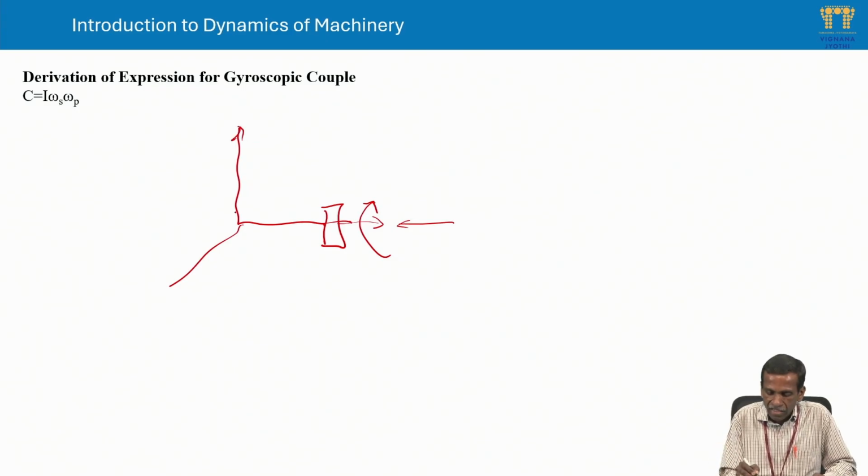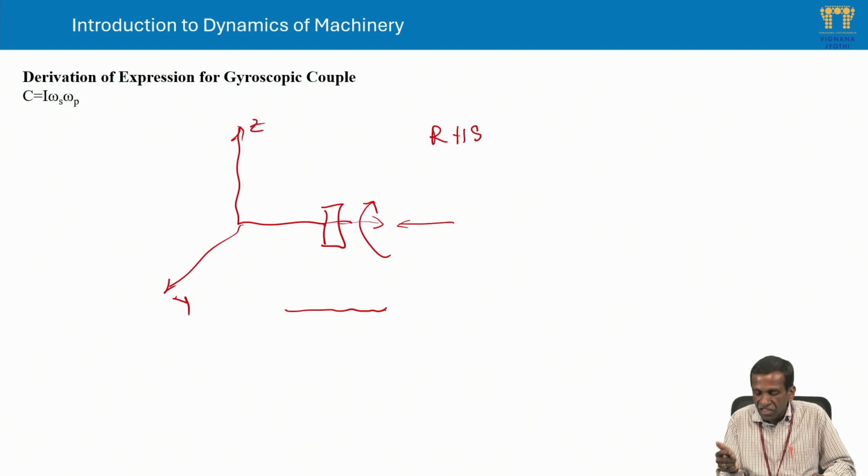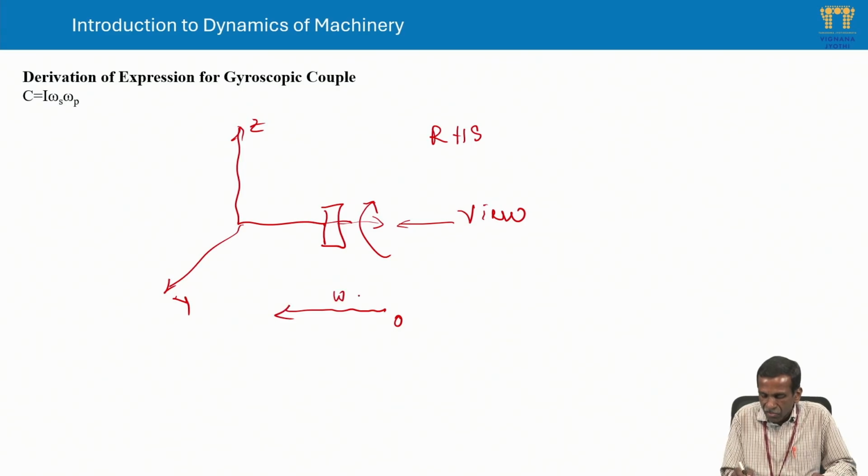Then this is the z-axis and this is the y-axis. The angular velocity vector as per the right hand screw rule, because it is rotating clockwise, points away from the viewer. Are you able to understand?